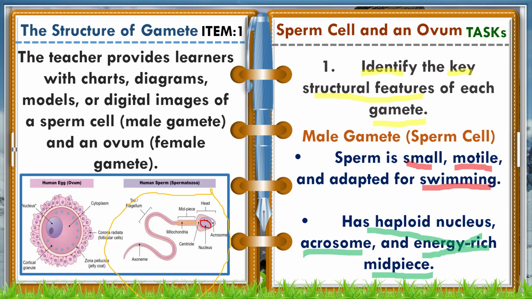And it has the acrosome. The acrosome is this small part in front, filled with enzymes, and then it has a rich middle piece. The rich middle piece is this part here in the middle.